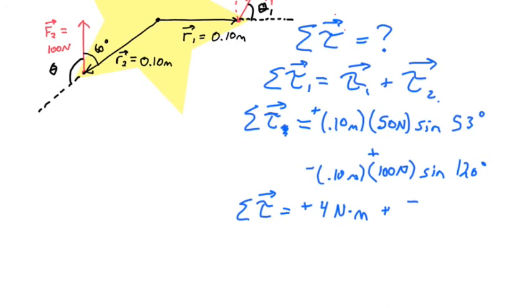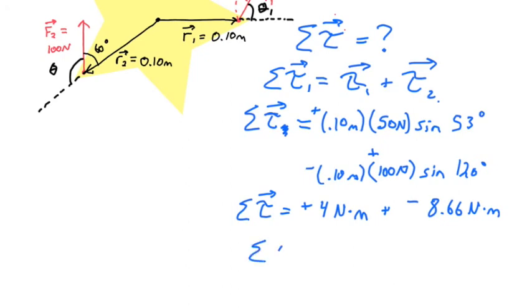So sine of 120 degrees is not quite such a nice number to work with. It's 0.866-ish, but it is on the green sheet as well. Sine of 60 degrees is square root 3 over 2, but we'll just use the rounded decimal version. And so then that times the 10 that we had earlier gets us to negative 8.66 newton meters.